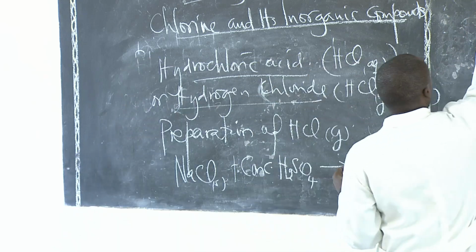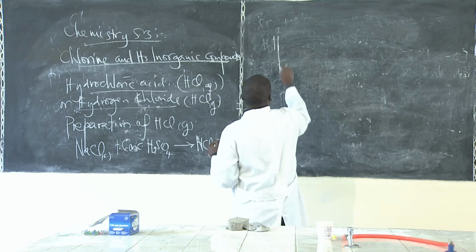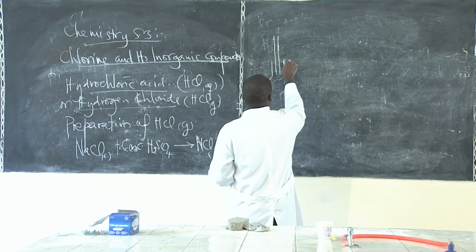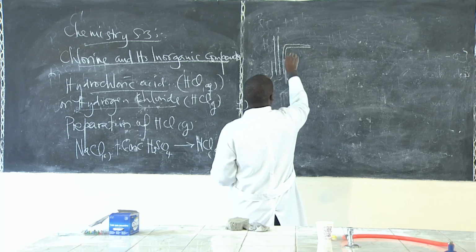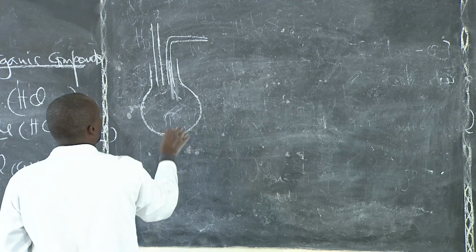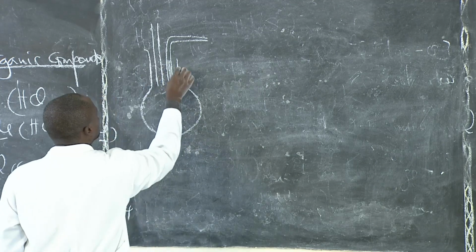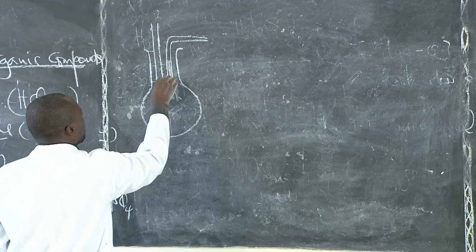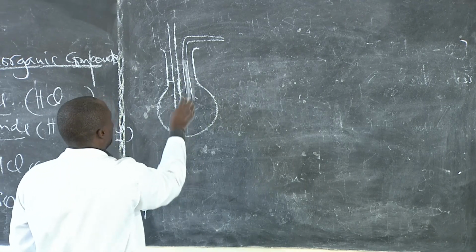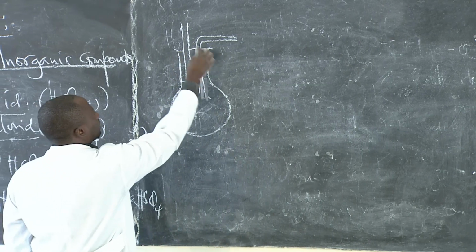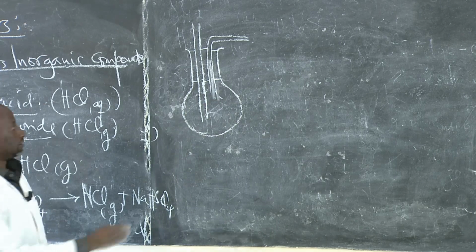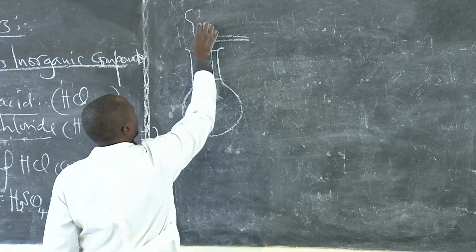So I'll just try to sketch the diagram. Maybe it may not be the best diagram, but you need to draw the best diagram in your books. Why am I drawing this? There are some things I want to emphasize here. A common mistake is leaving this flask open.